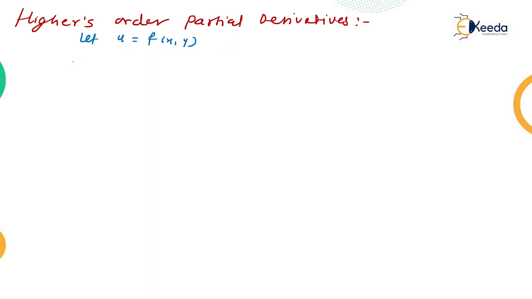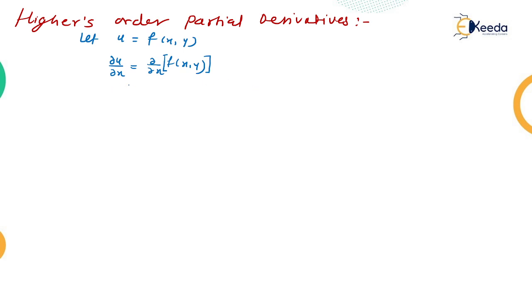So how to take it? This is del u divided by del x, that is a first order differentiation, and this can be written as del by del x of f of x comma y, meaning differentiation of u is nothing but differentiation of the function x y with respect to x. This is first order.